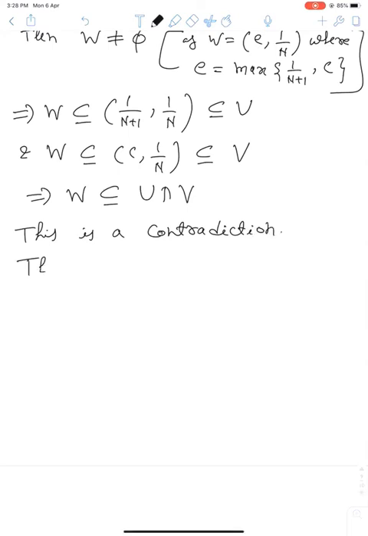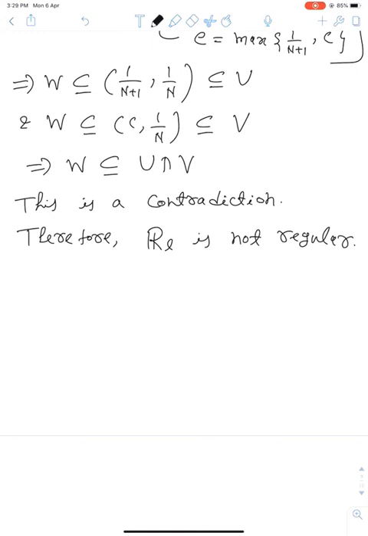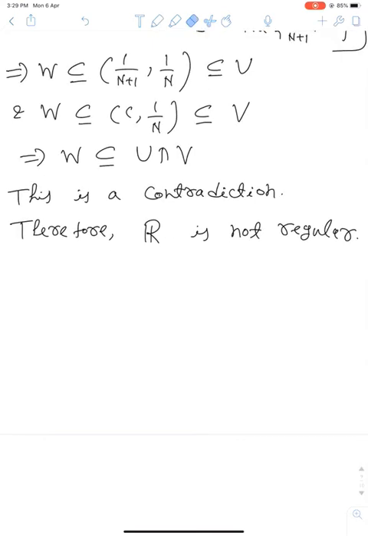Therefore, RK is not regular, right? So we got a topological space X, that is RK, which is Hausdorff but not regular.